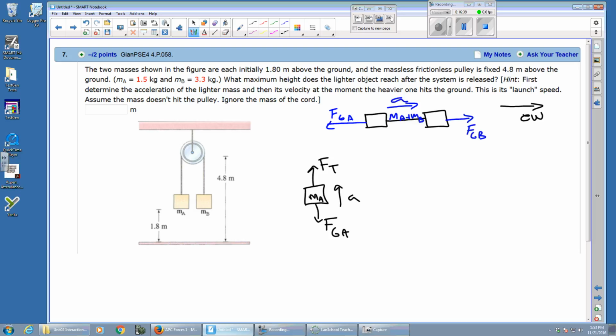If I drew it on the diagram here without doing that, I would have these two forces, FGB and FGA, and an acceleration that went like this. A lot of times people have a hard time seeing these two forces as pointing in opposite directions. So in my mind, I straighten it out, and then it's clear that they're pulling in opposite directions.